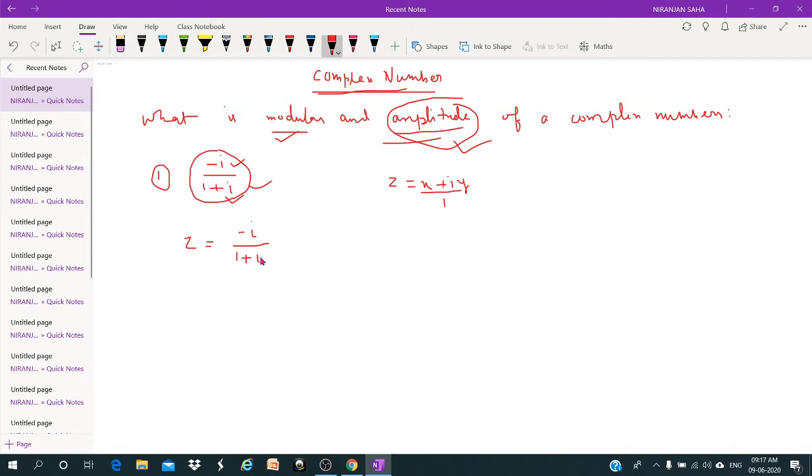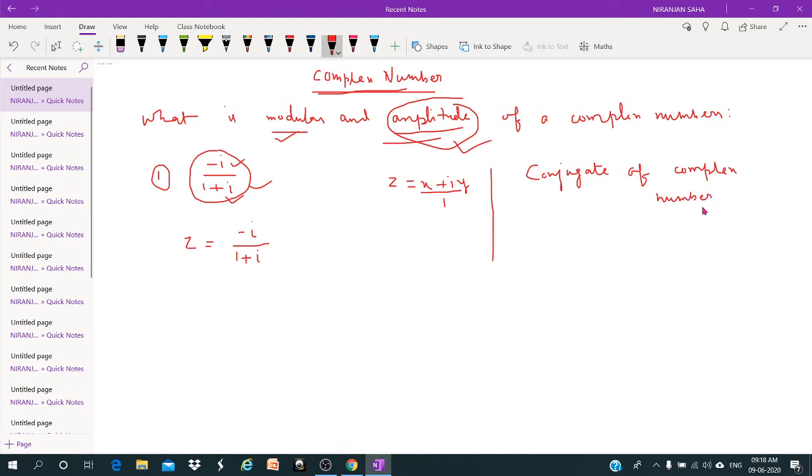How can we transform this into a real denominator? We need to understand the conjugate of a complex number. Actually, the meaning of conjugate is that it transforms any complex number into a real number.